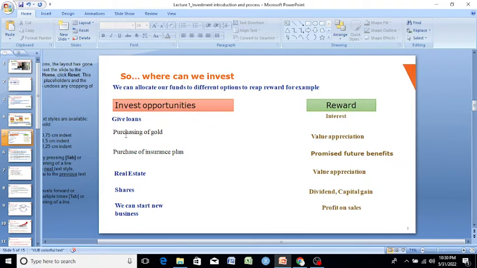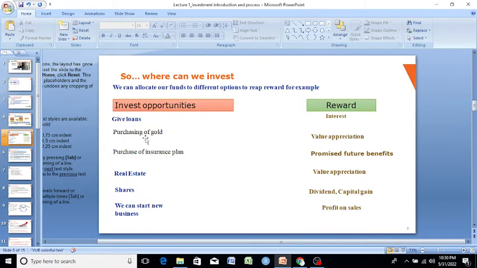Another investment opportunity is that we can purchase gold, we can purchase insurance plans, we can invest in real estate, we can also buy shares or bonds or mortgages, and many more options. Or we can start a new business, and all these avenues provide a reward in the near future.